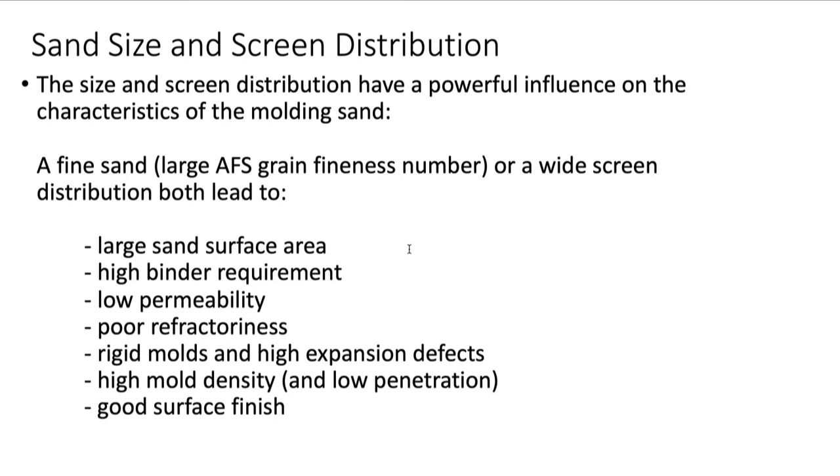Okay, so how do we do this calculation, and what does it mean? So a fine sand, again, has a large surface area. It means you need more binder to glue it together. There's more grains that have surface area on them, so it's going to need more binder. They have poor permeability or low permeability because the air can't get between the grains.